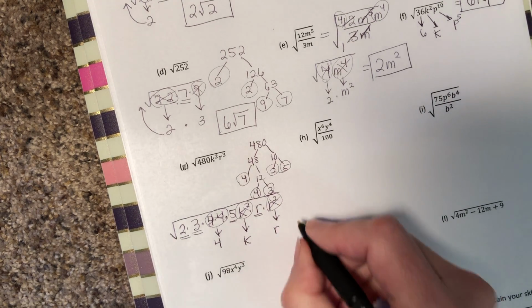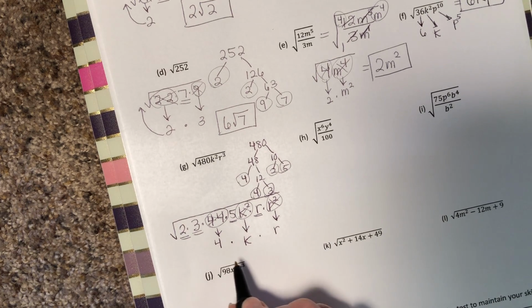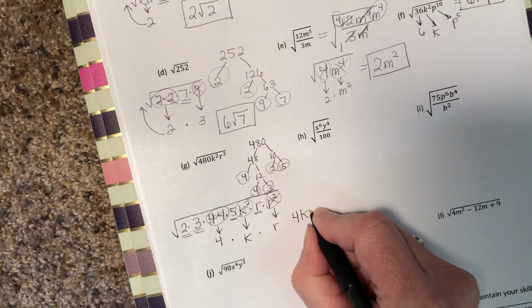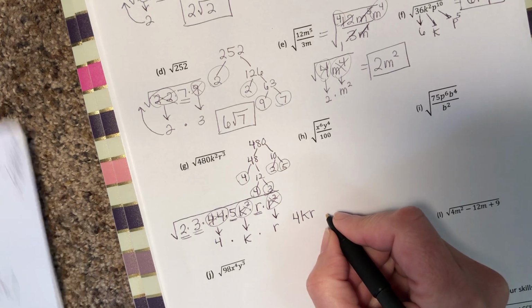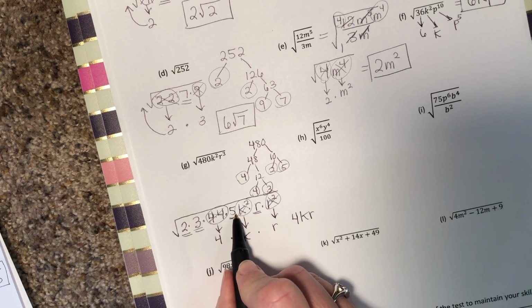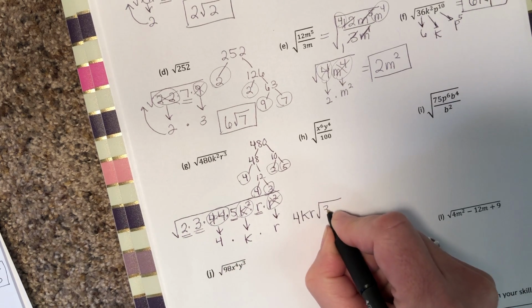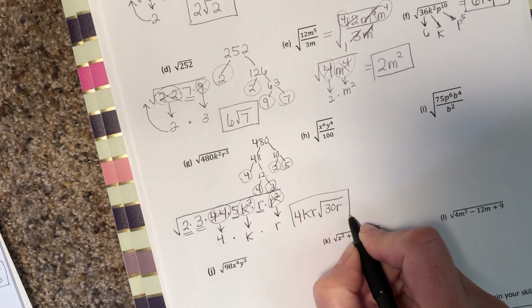And that is going to leave me with, so these 3 get multiplied together and put in the front. 4kr, and then under the square root, we have 2 times 3 is 6, times 5 is 30, and r, which I almost lost the r.